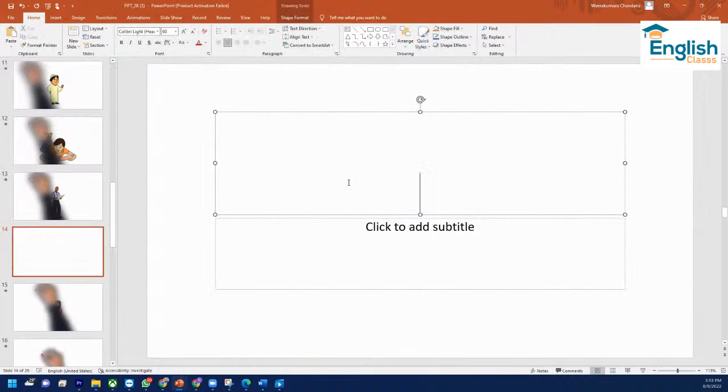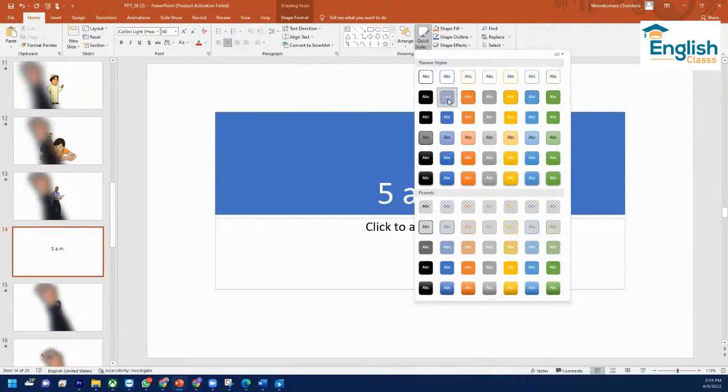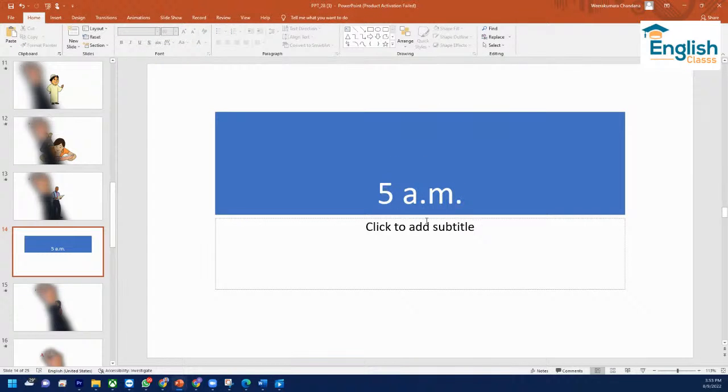What is the correct way to write 5 a.m.? You have to write 5 a.m. this way. This is the right way to mention 5 a.m. You have to use lower case, simple letters.